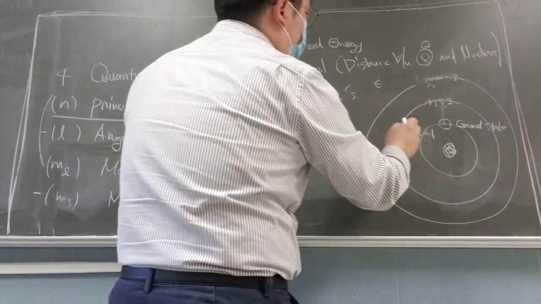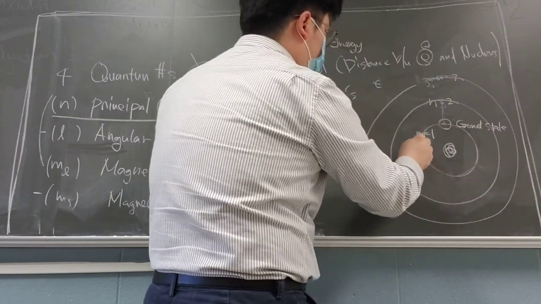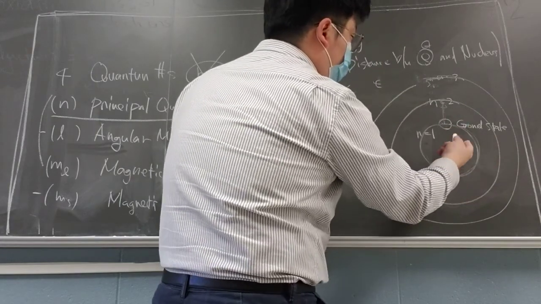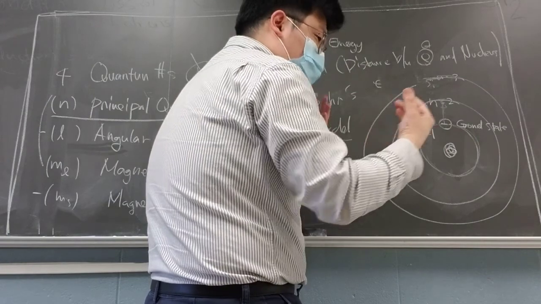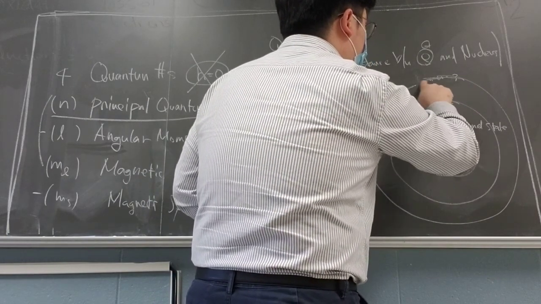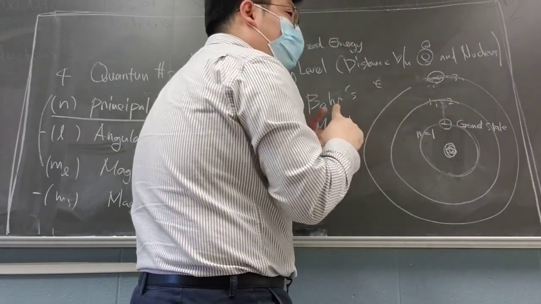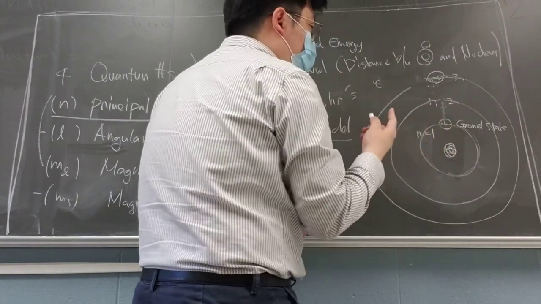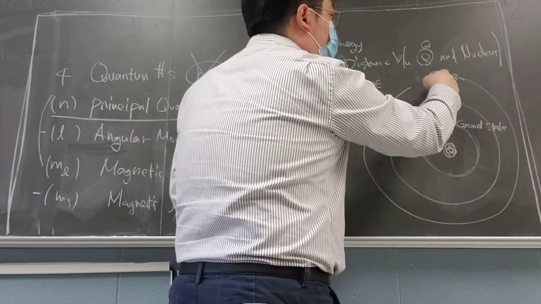So there is an n=1 in this orbit here, which we're going to switch to the orbital next time, but for now this is easier to look at. So this is n=1, and when the electron gets excited, it gets a lot of energy. It can be stored in a higher energy level. It goes to maybe 2 or 3. Let's do 3 there. But the electrons cannot exist in between. So they can only stay at either n=1, n=2, or n=3.